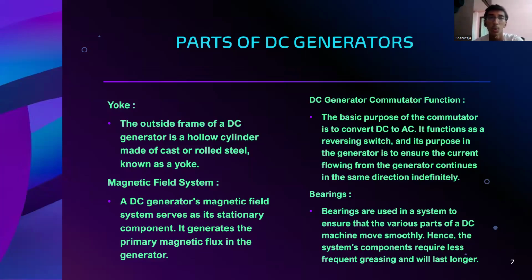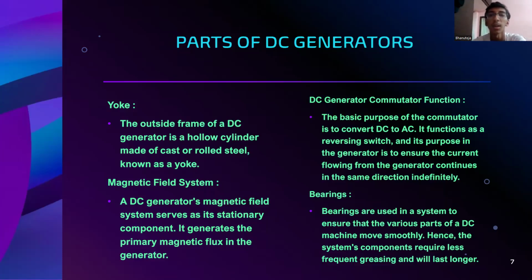So first, what is a yoke? A yoke is the outside frame of a DC generator, which is a hollow cylinder made of cast or rolled steel. Next, we have the magnetic field system. It is the stationary component of a DC generator, and it generates the primary magnetic flux in the generator. Next, we have the commutator function.